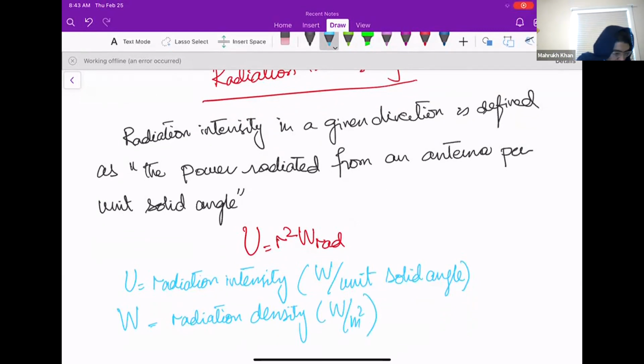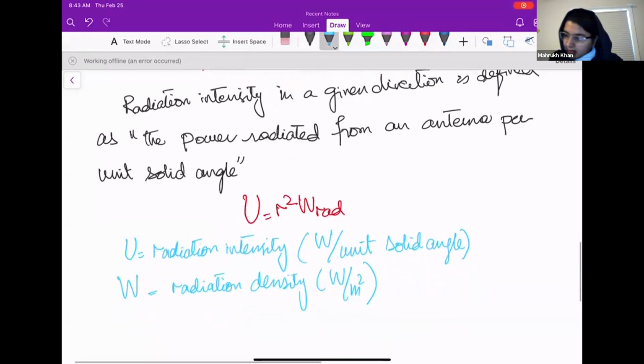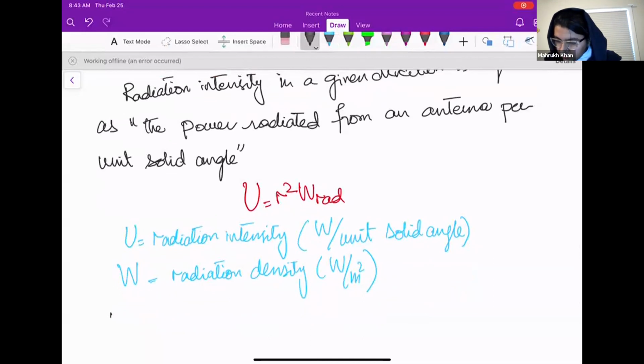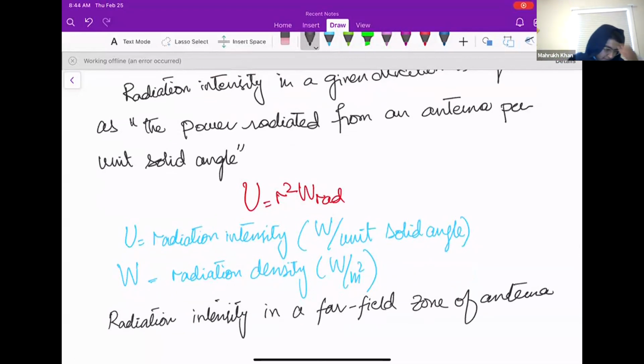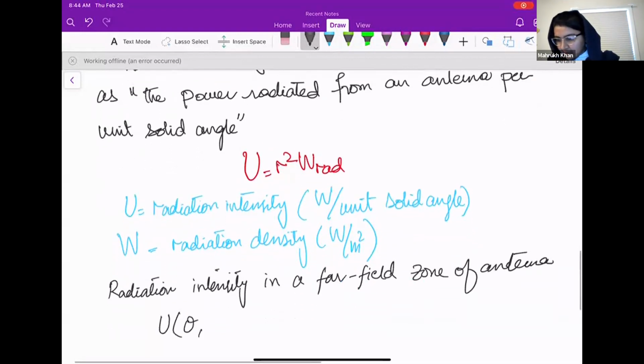Okay, so if I define radiation intensity in a far field of an antenna, it will be only defined as theta and phi. It will not have R component in it.